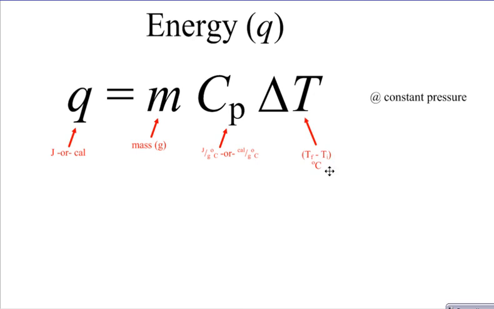And all of this comes with the understanding that it has to be at constant pressure. Since we're at constant pressure, that means Q also equals delta H. So this formula could be rewritten as delta H equals mc delta T.